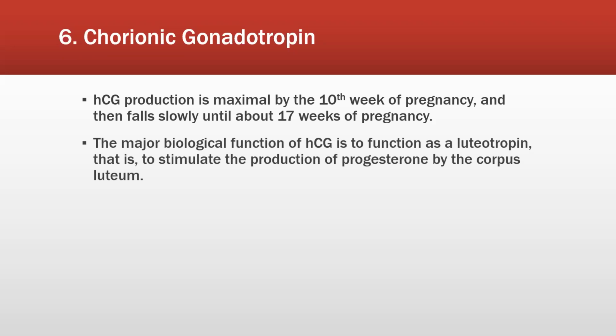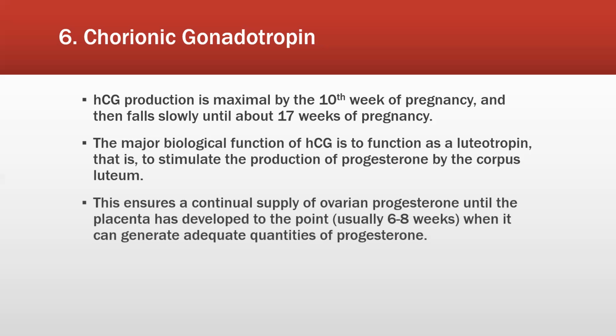The major biological function of HCG is to function as what's called a luteotropin, which is just a hormone that stimulates the production of progesterone by the corpus luteum, which is found within the ovaries. And I've got a picture here that I'll show you in just a minute.